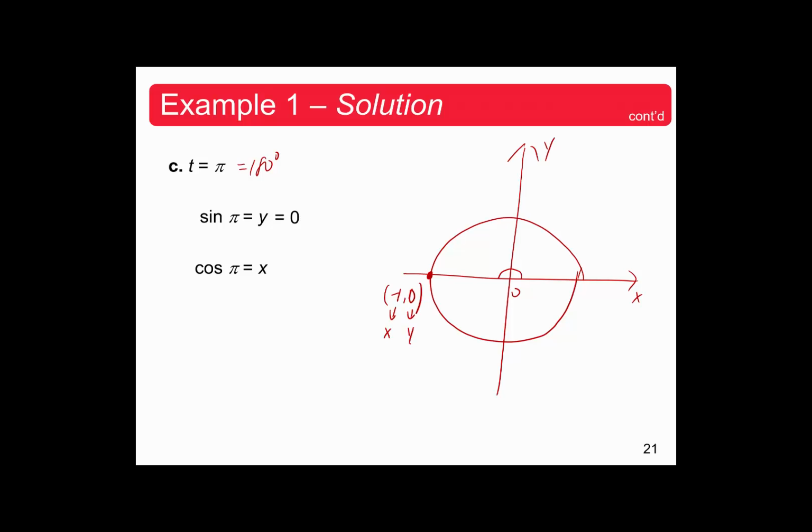So if you use the formula, sine pi, sine 180 degrees, is equal to y, which equals 0, right? Cosine pi is equal to x, so that's why it's -1. Tangent pi is y over x, so 0 over -1 becomes 0.